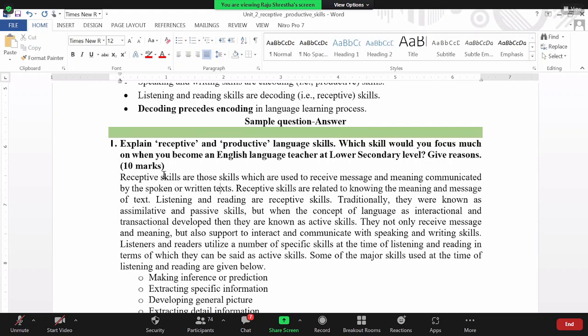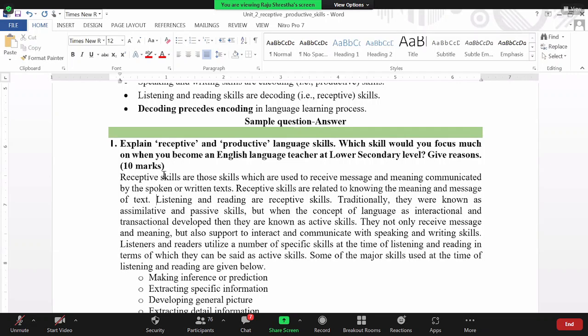Then to read, of course there should be a written script हुनु पर्छ पढ्नको लागि. So receptive skills are those skills which are used to receive meaning and message communicated by the spoken or written text.